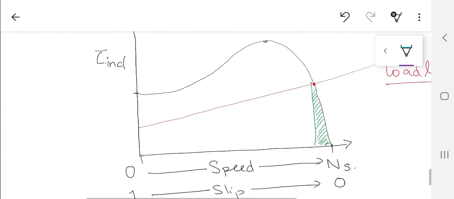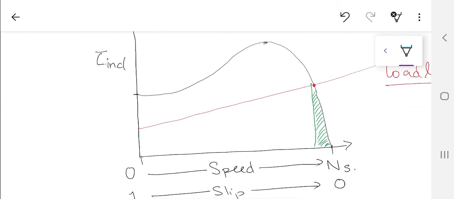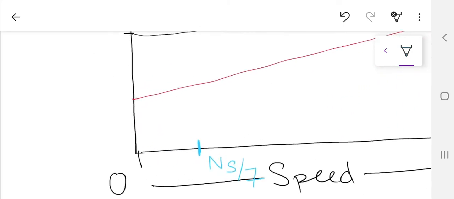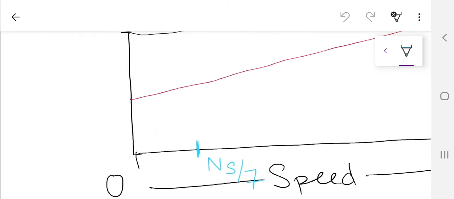If I plot ns by 7 on this torque slip curve at this point, it means that at this particular ns by 7 speed you are going to have another torque slip curve, like this. It's going to be very small.